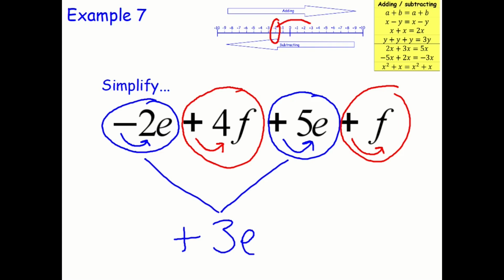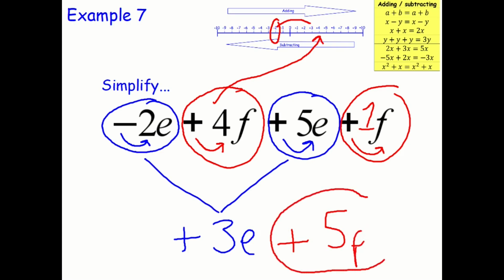And if I go to positive 4, because I'm doing this one now, if I go to positive 4 and I add another 1, because remember this is a 1, you just don't need to put the 1 in front of it. Positive 4 plus another 1 is positive 5f, and that positive sign is with that 5f.